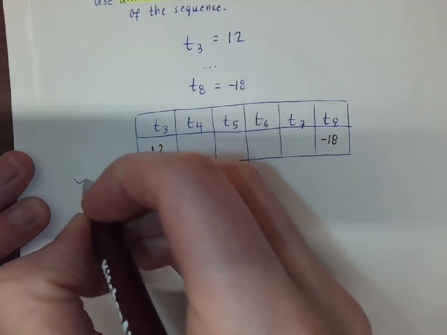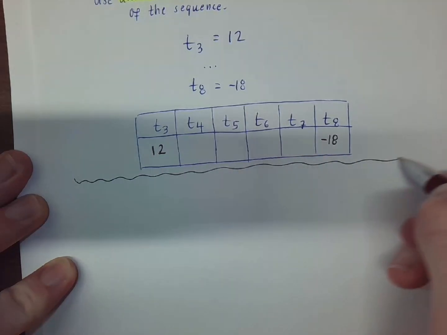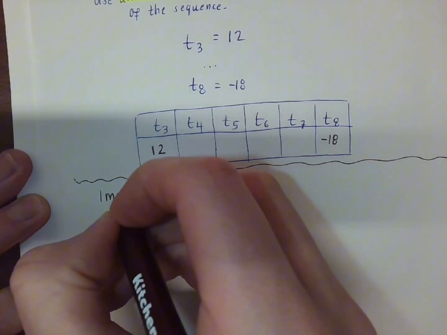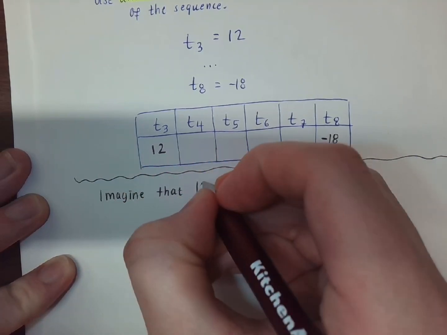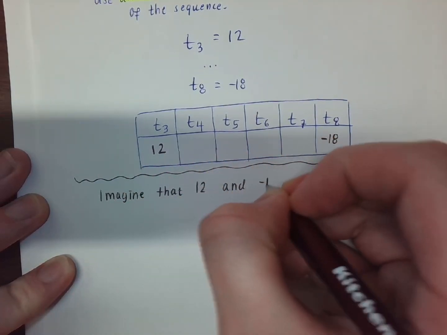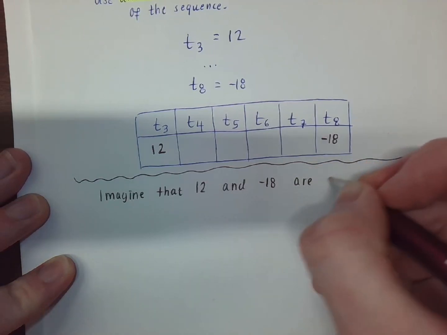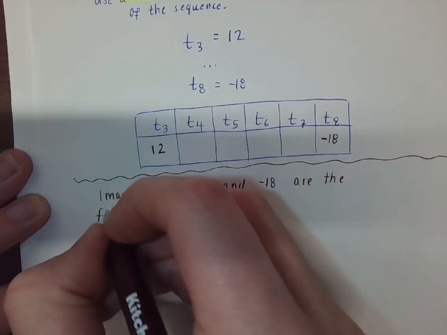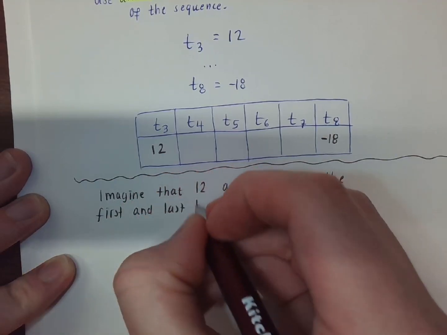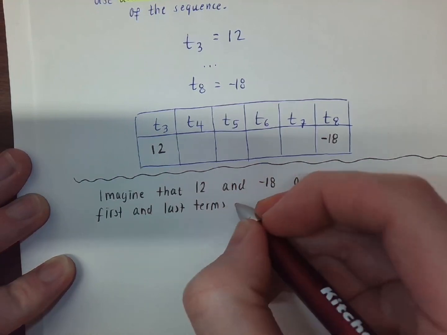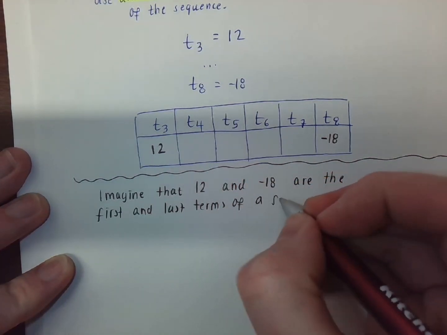So let's keep this on the back burner for a sec, and imagine that 12 and negative 18 are the first and last terms of a sequence.